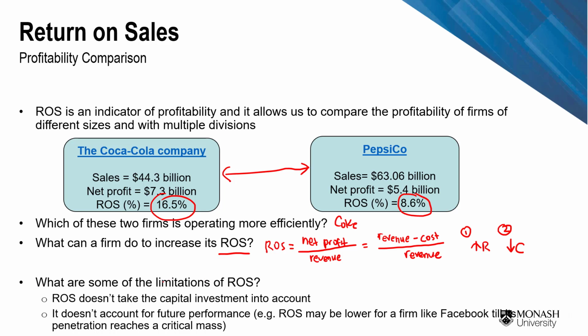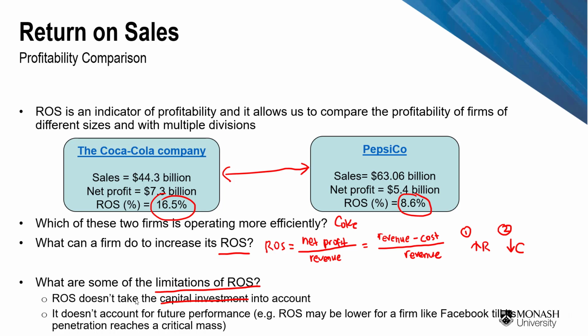Now, what are some of the limitations of ROS? ROS doesn't take into account capital investment. An example could be buying machinery, which can be viewed as a cost at the moment, but in the future it might give so much benefit to the company.